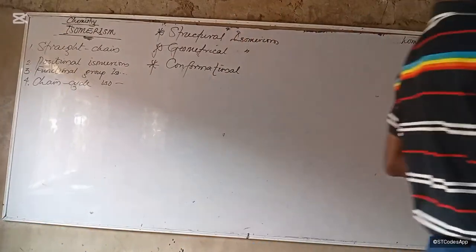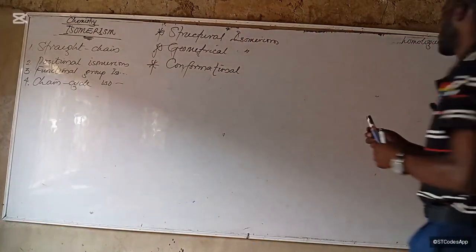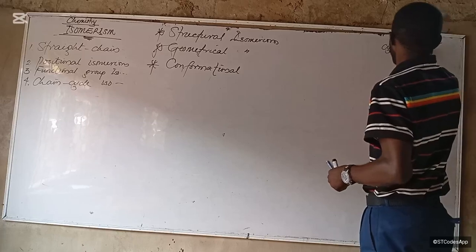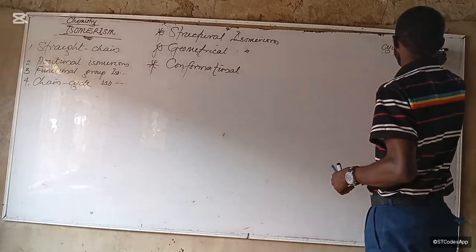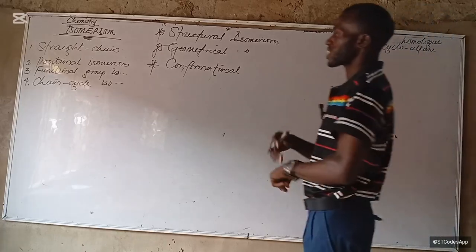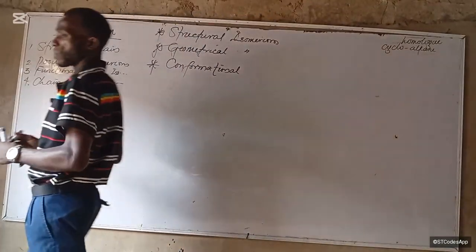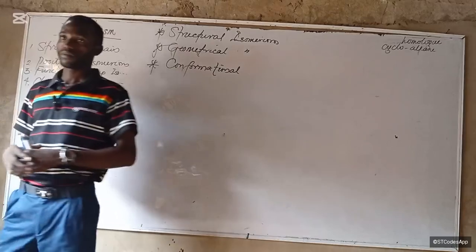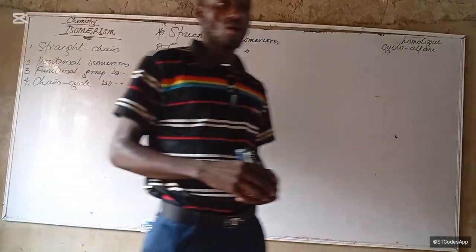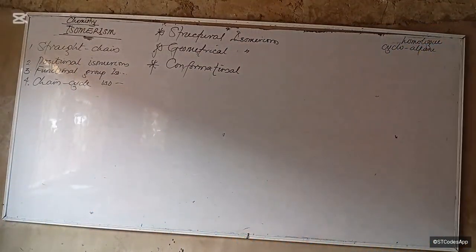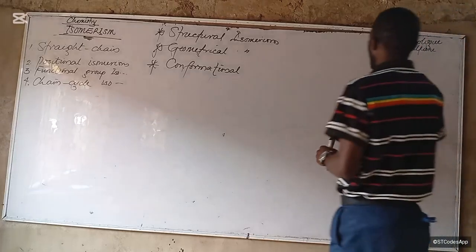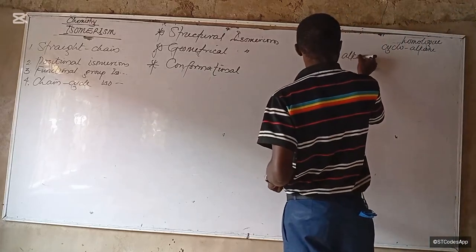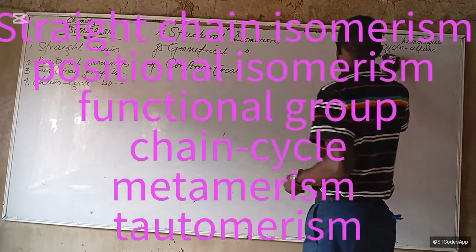A cyclical alkane, that is cycloalkane. This is where you write it. A cycloalkane member or homologue is always an isomer of a corresponding alkene homologue. A corresponding what? Alkene homologue.